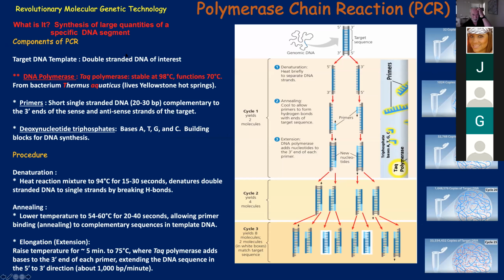So what happens if you want to make a lot of DNA, starting with not very much? So polymerase chain reaction allows you to make a lot, essentially as much as you want, large quantities of a specific segment of DNA.